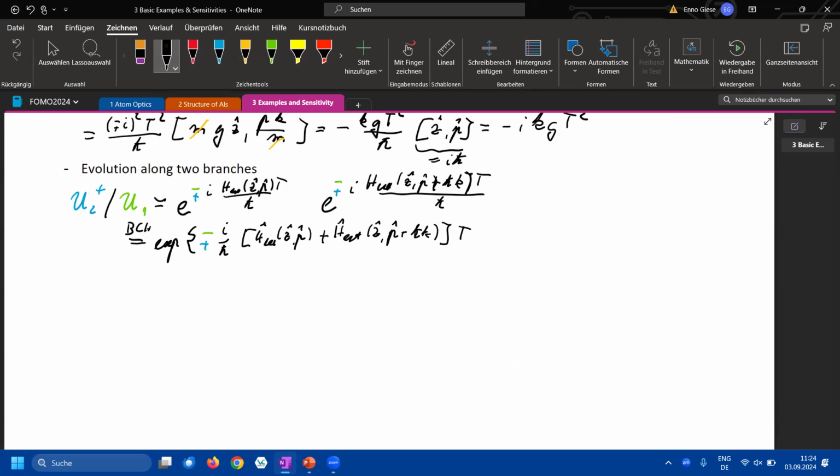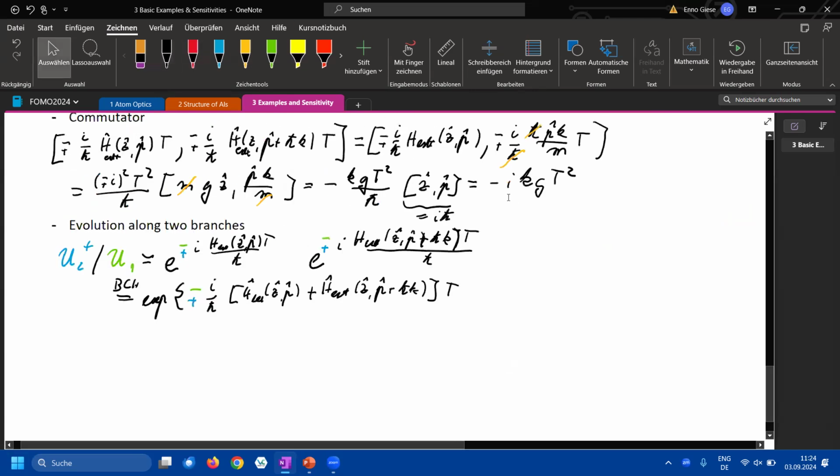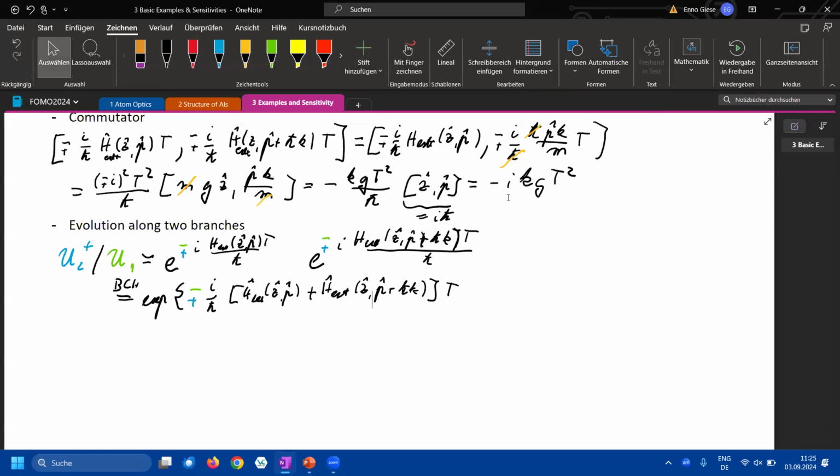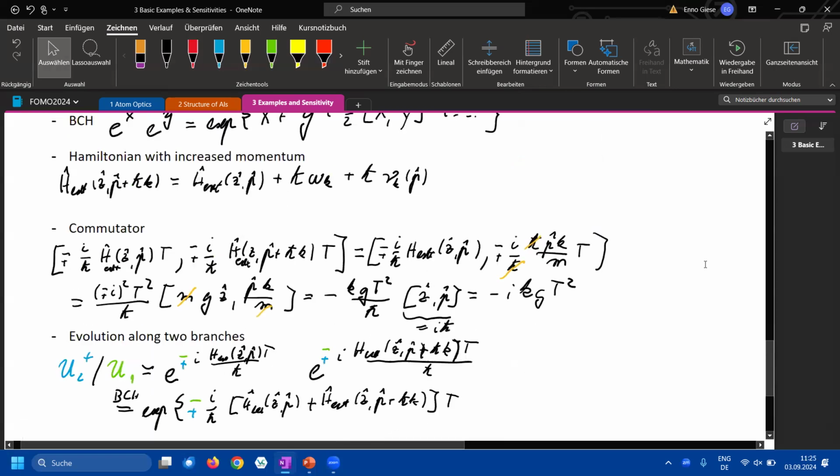So that's the first line. And now the commutator actually is independent whether it's U2 dagger or U1. So it's always minus i k g T squared over 2, because we have here in Baker-Campbell-Hausdorff a factor 1 over 2.